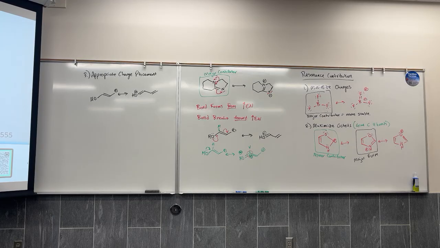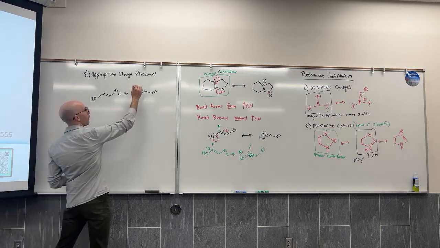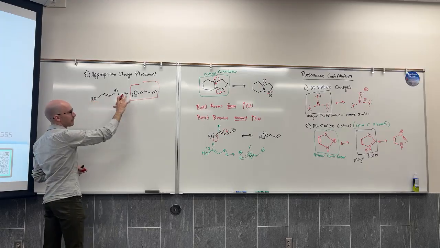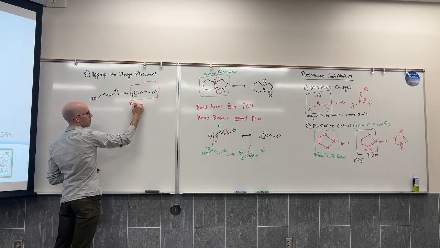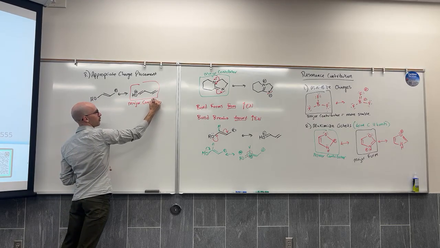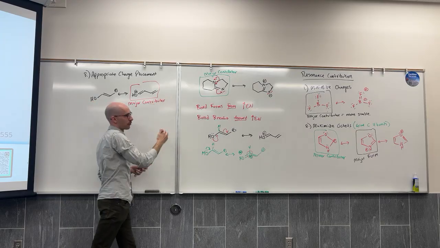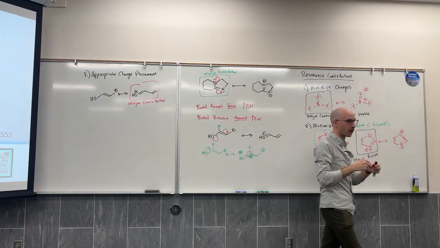Why? Good. Rule number 2, it maximizes octets. Because both forms have the same amount of charge, we look to maximize octets, or in other words, give carbon 4 bonds.